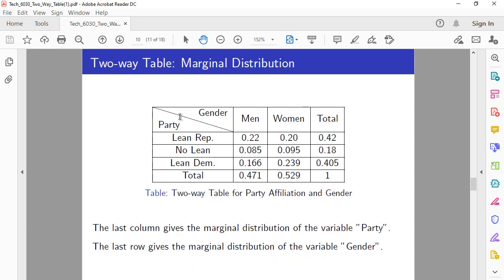So now in this table, I wrote down the proportion for each of the cells, and the last column gives us the marginal distribution of the variable party affiliation, and the last row gives us the marginal distribution of the variable gender.